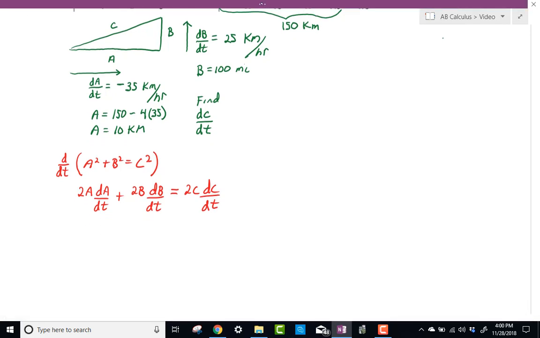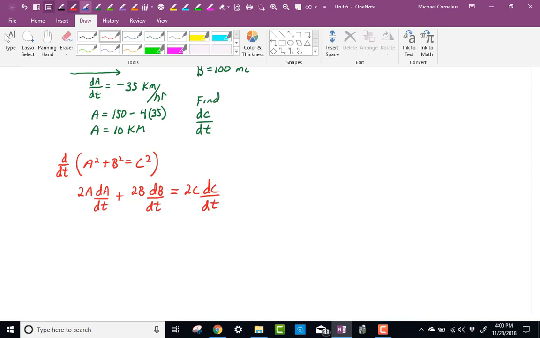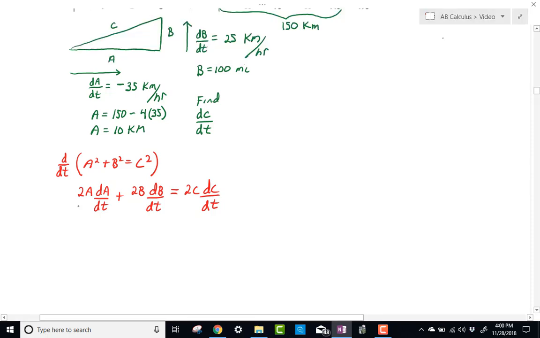In order to accomplish this, let's switch colors again so we can see that we're doing something different. I need to do 10 squared plus, what did we say B was, 100 squared equals C squared.